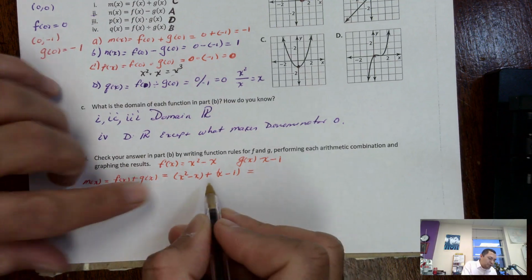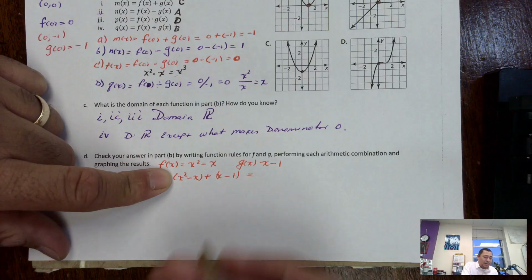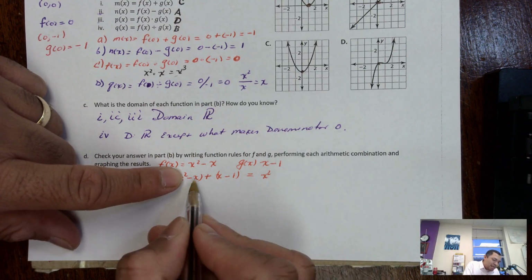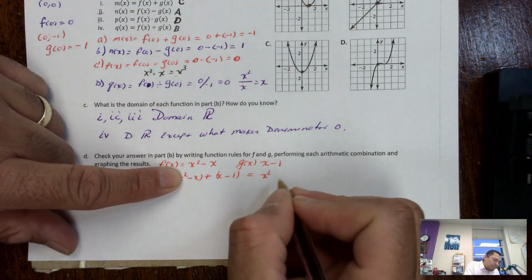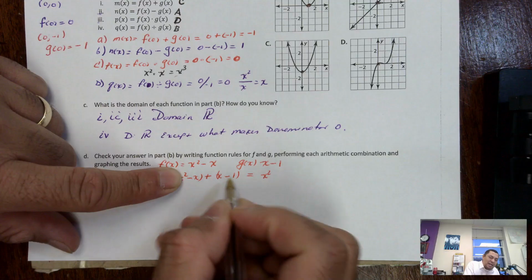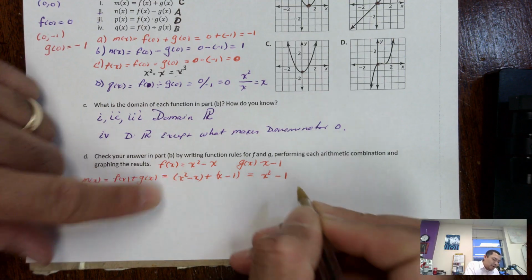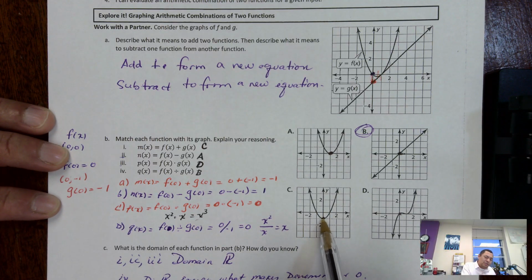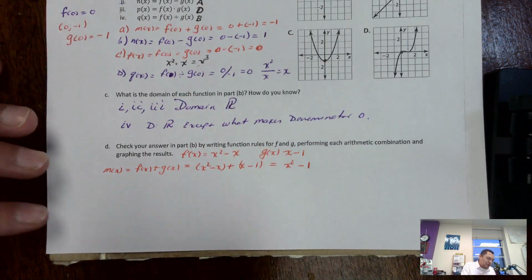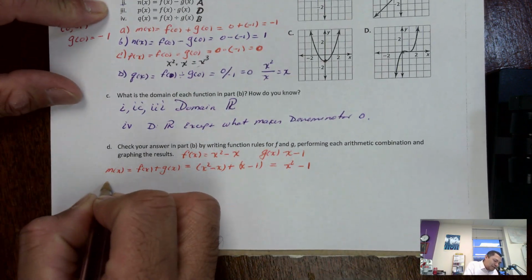X squared doesn't have a like term, so it's just x squared. Then I have negative x plus x, which is 0. And then I have left negative 1. So x squared minus 1. And that is the function that you have, x squared minus 1. So it went down 1 unit.